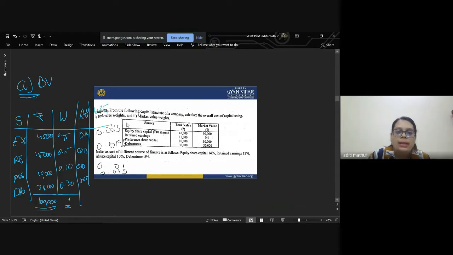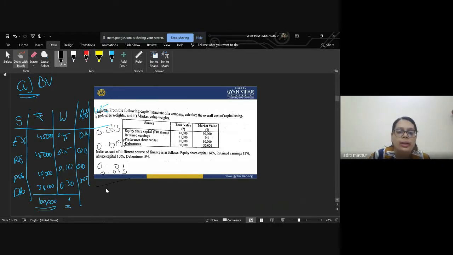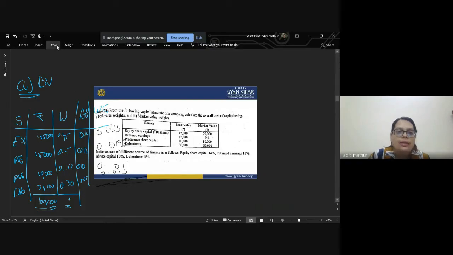Let us add all these weighted costs so that we can get the overall cost of capital. So it is 0.063 plus 0.0195 plus 0.01 plus 0.015.